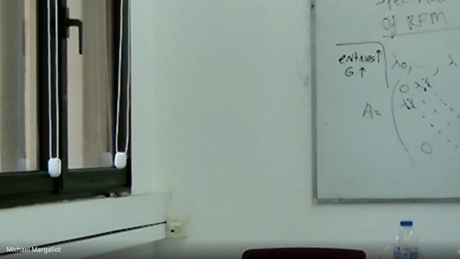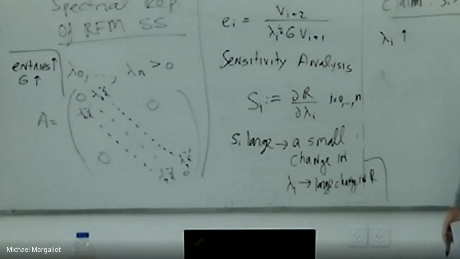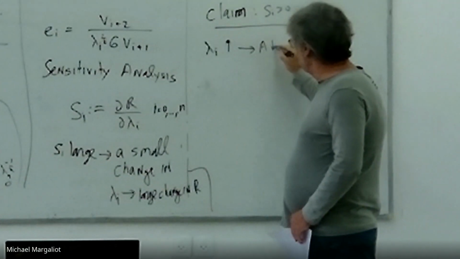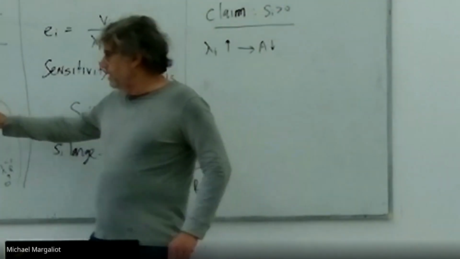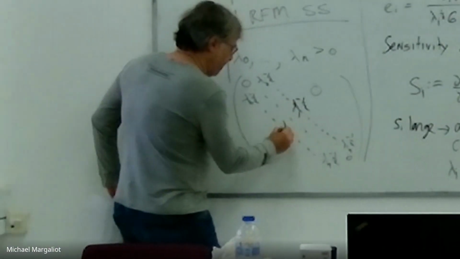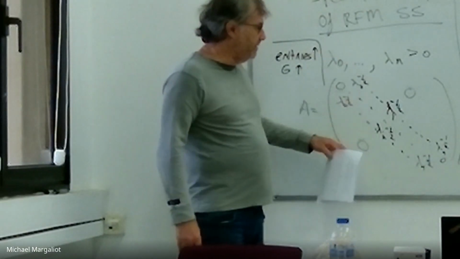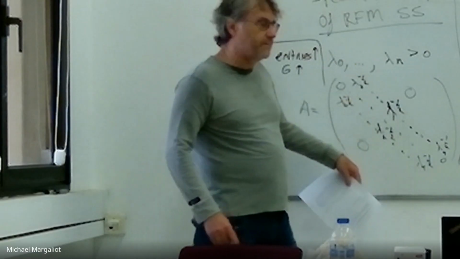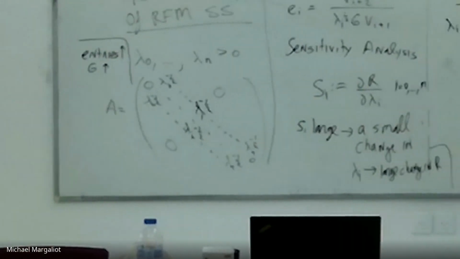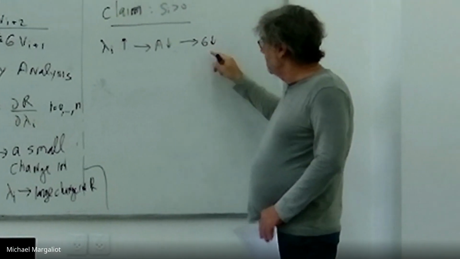So what does this mean? Let's assume that we fix some i and increase lambda i. Then the entries in A actually decrease, because lambda i appears in two places to the power of minus half. So when I increase lambda i, the corresponding entries in A decrease, and I expect the Perron root to decrease.